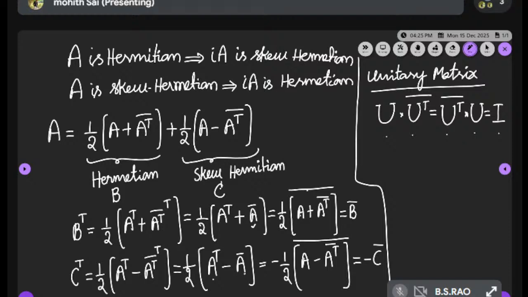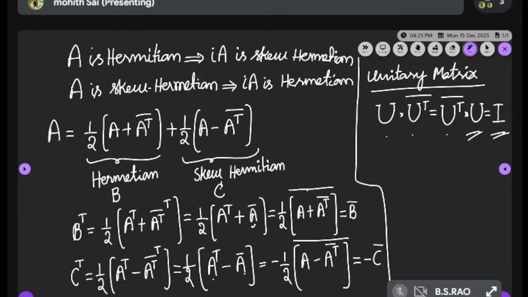Right, here it is generalization. U is unitary, I is identity. What about their order? Do the order of unitary and identity both are the same or not? Say yes or no. I and U both are of the same order. Write down. I means identity matrix, not myself.